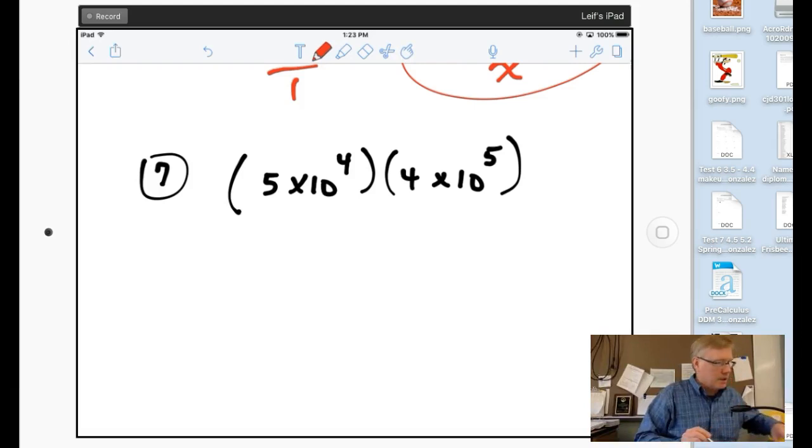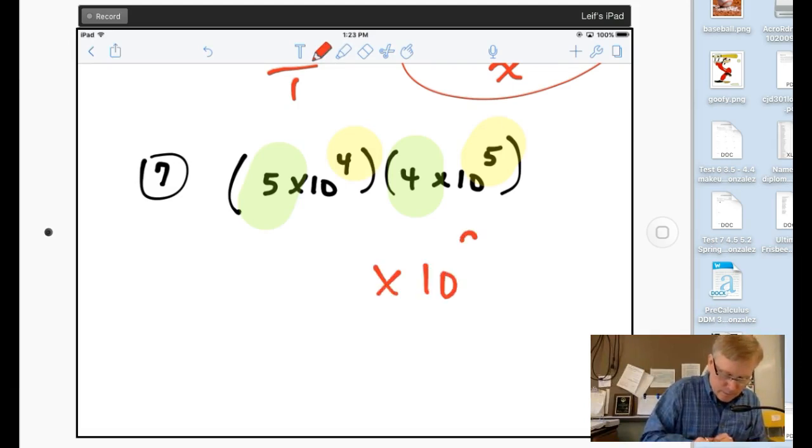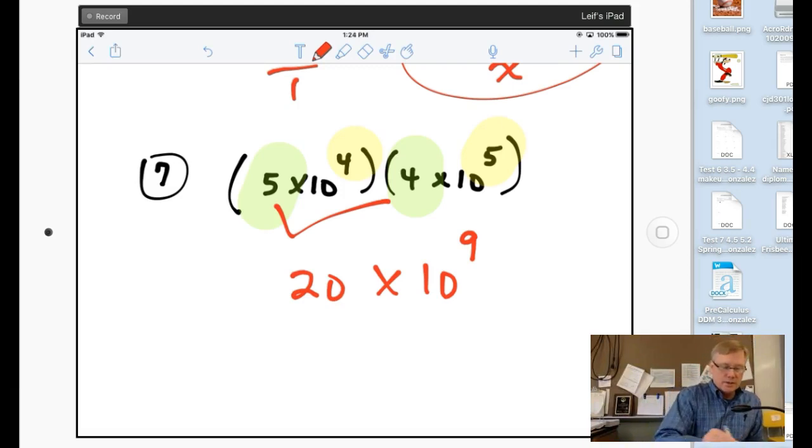Next one, scientific notation. So with this, I'm going to multiply the front numbers together, and then I'm going to add the exponents together. So I'm going to add the 5 and the 4. This gives me 9. 4 times 5 for the front numbers will give me 20. Multiply those two together. Now that's not in correct scientific notation.